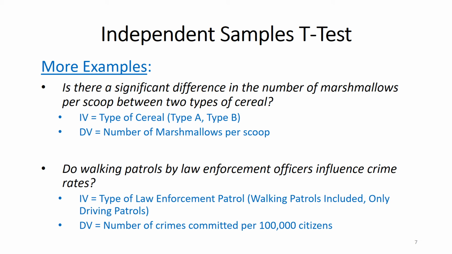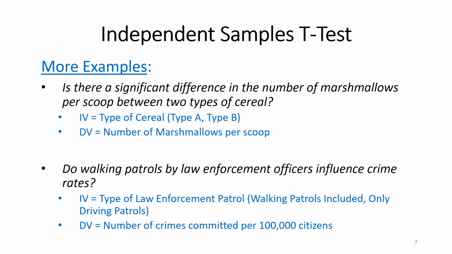So we've created a categorical independent variable, only 2 categories, and then the outcome, the dependent variable that we measure, is number of crimes committed per 100,000 citizens. That may be a typical way that we would measure the crime rate to see, is there a significant difference in walking patrols versus driving patrols only?